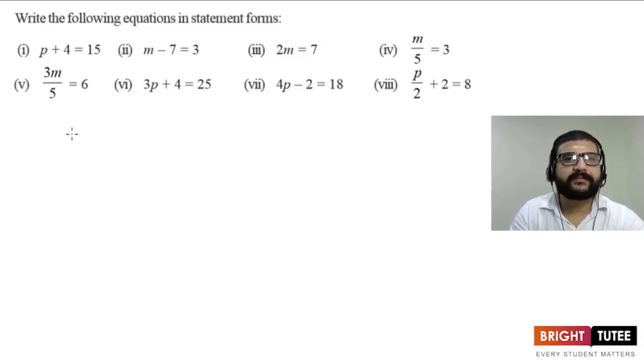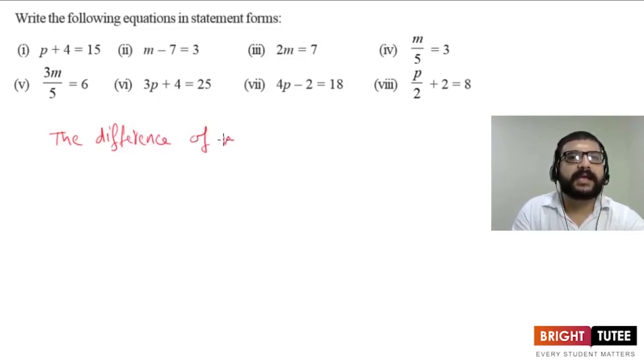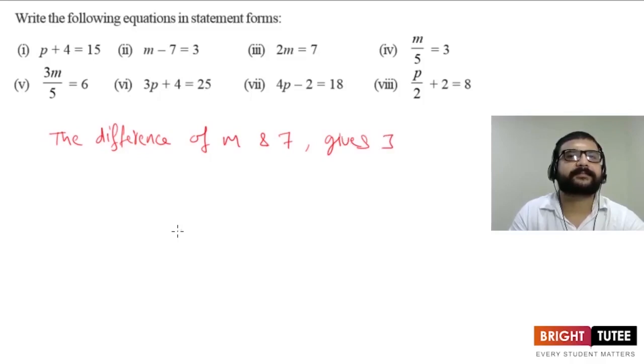So what we can do, we can directly write the difference of two numbers, or the difference of m and 7 gives 3.